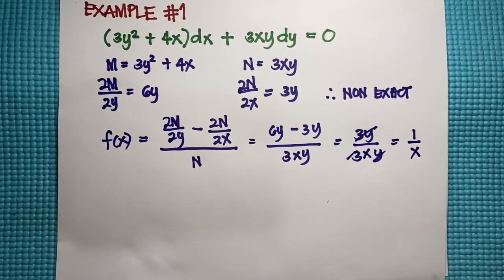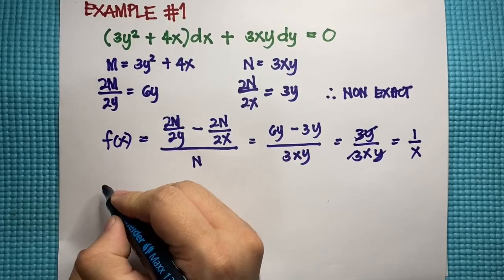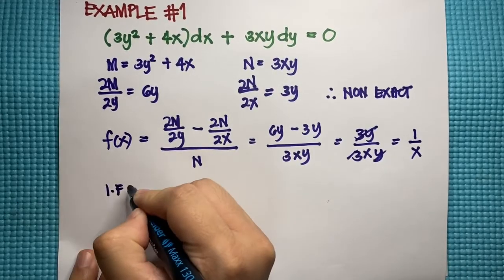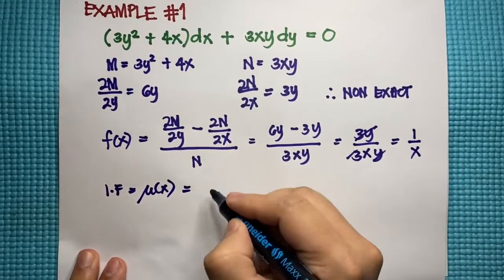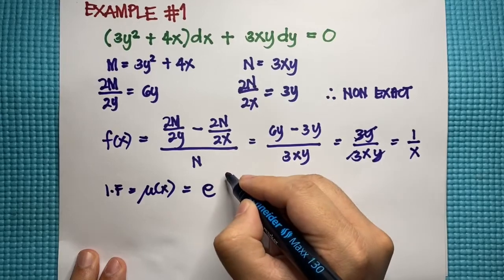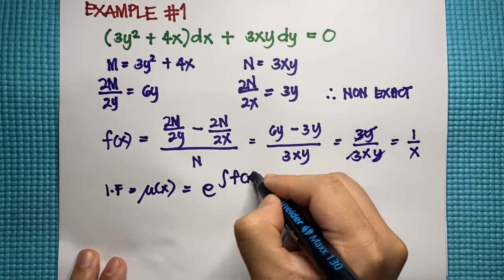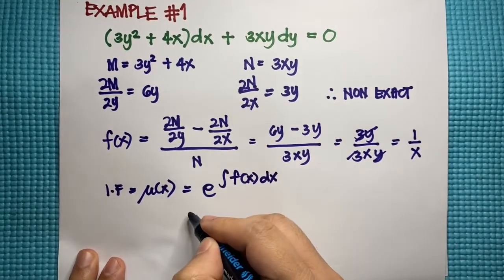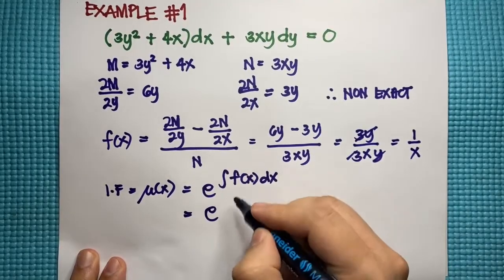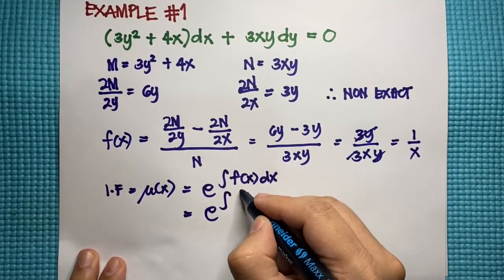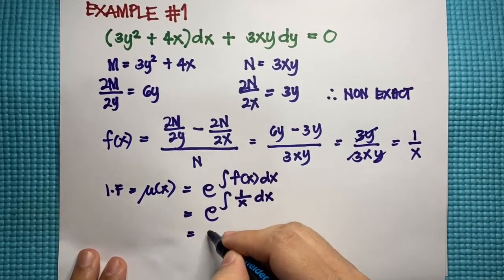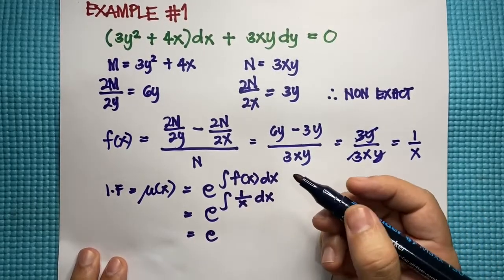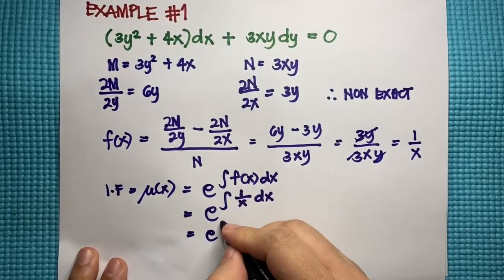Since our f of x is equivalent to 1 over x, our integrating factor, mu of x, is equal to e raised to the integral of f of x dx. This is equal to e raised to the integral of 1 over x dx, and the integral of dx over x is ln x.